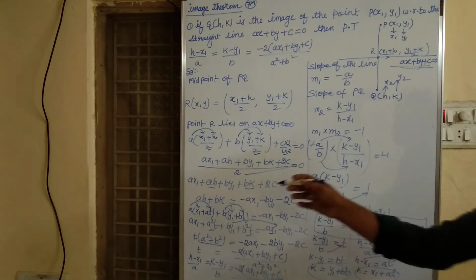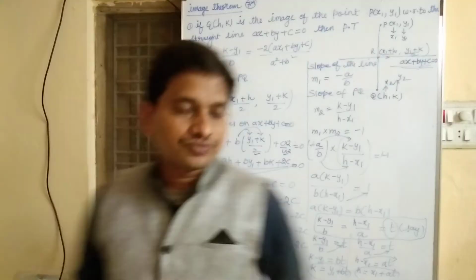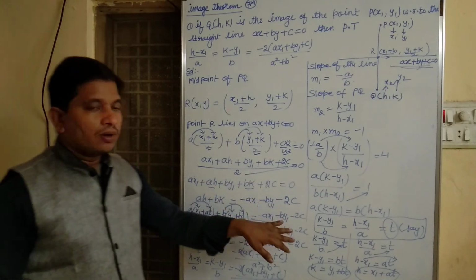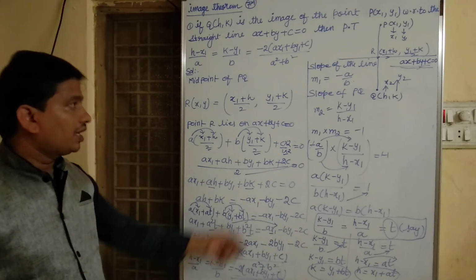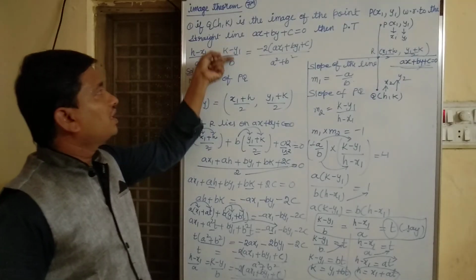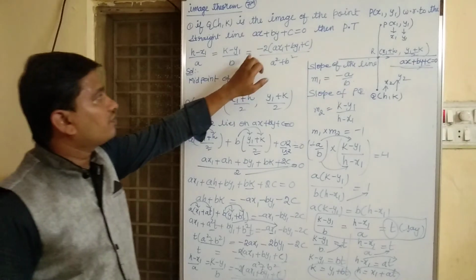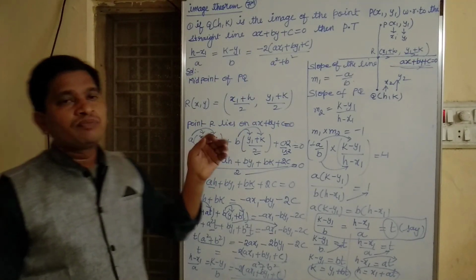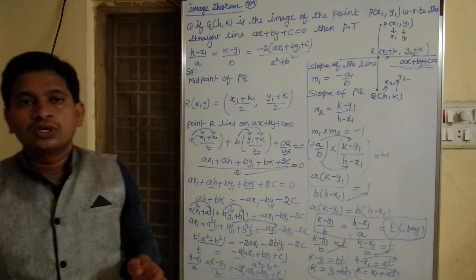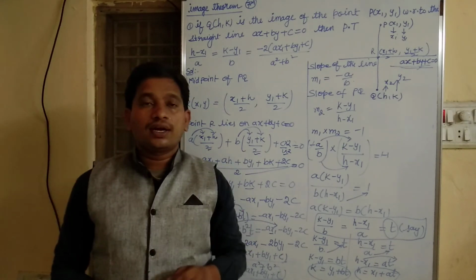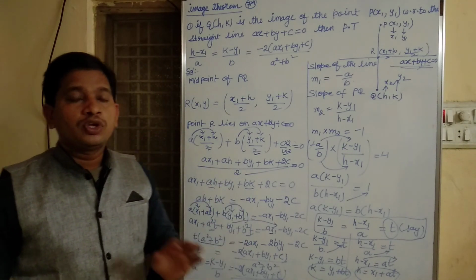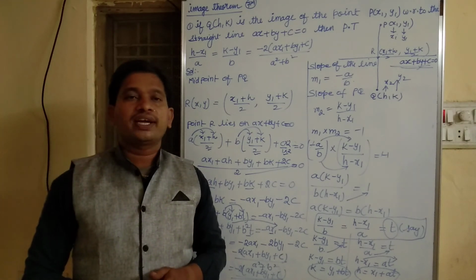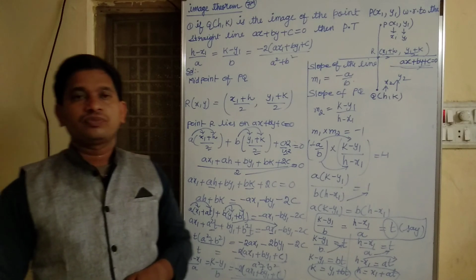And then we will substitute in this equation ah plus bk equal to minus ax1 minus by1 minus 2c. You will get h minus x1 by a equal to k minus y1 by b equal to minus 2 into ax1 plus by1 plus c by a square plus b square. Students, until and unless you practice this theorem, you can't do it. So practice it so that you will easily get 7 marks. Thank you, children.